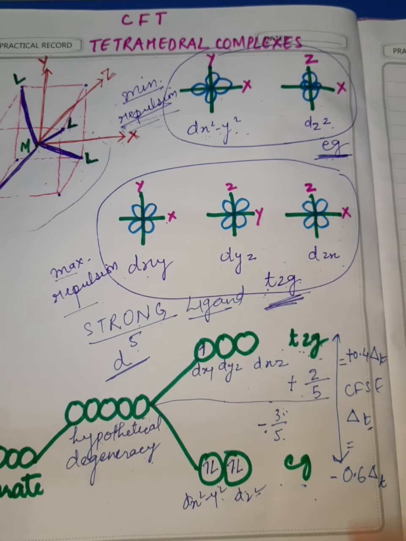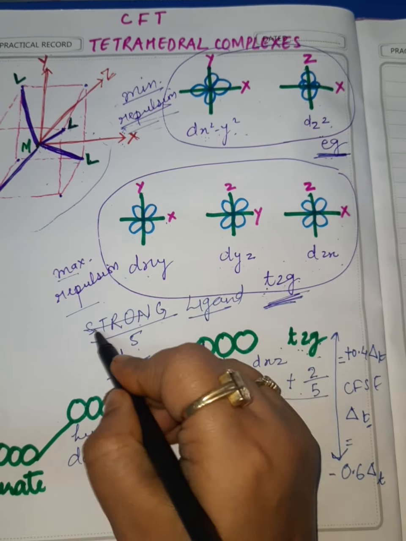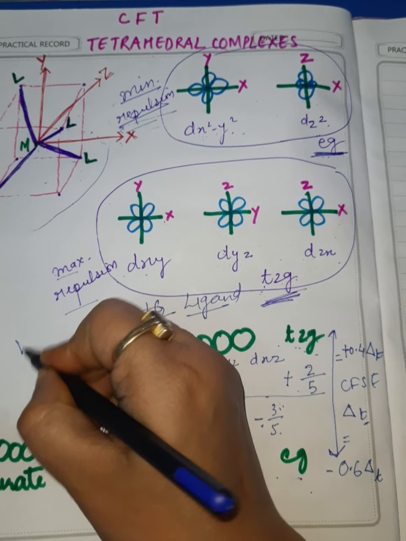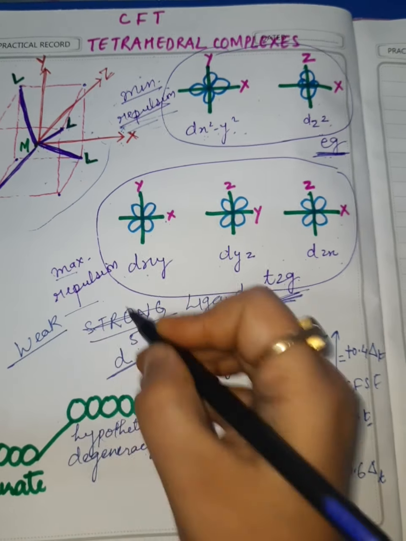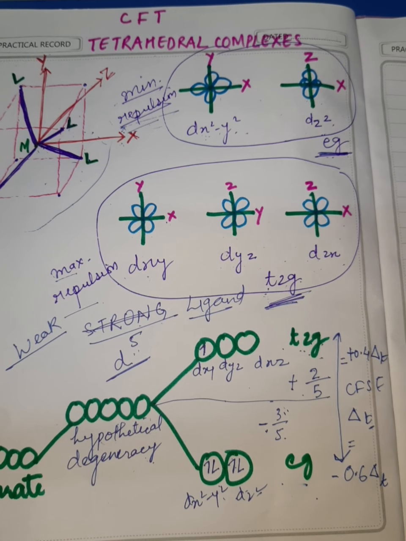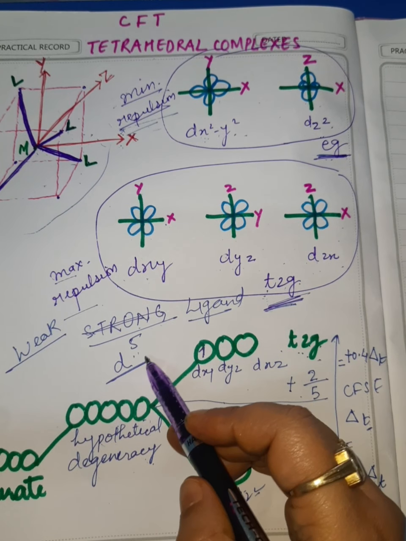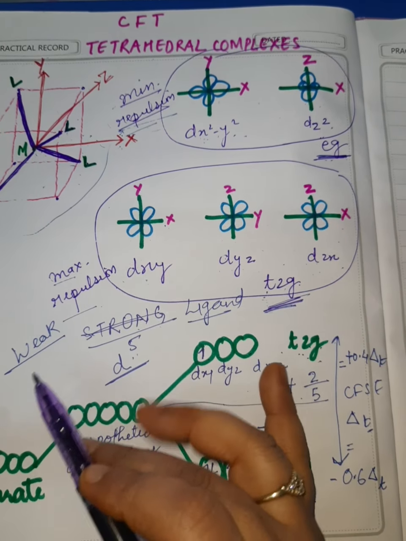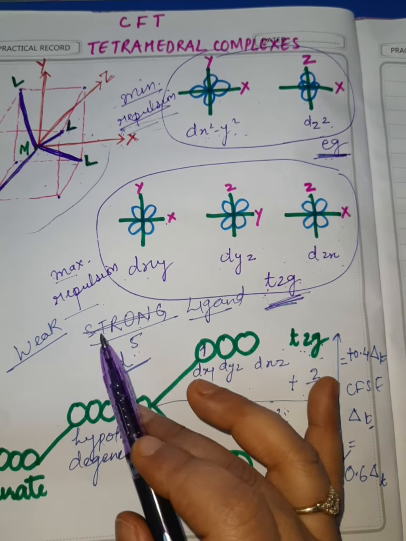Now suppose in place of a strong ligand, we take any weak ligand with the D5 configuration. Now I will overwrite the electrons here. Now 5 electrons we are supposed to fill in case of a weak ligand. Weak ligand means, dear students, there will be no pairing.